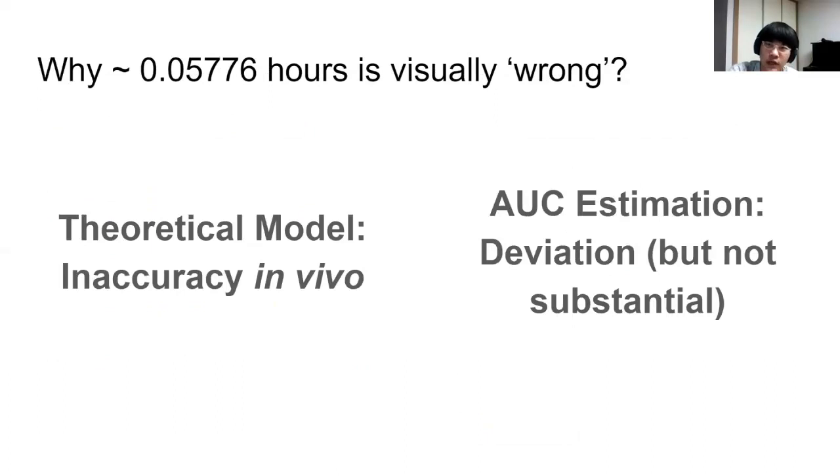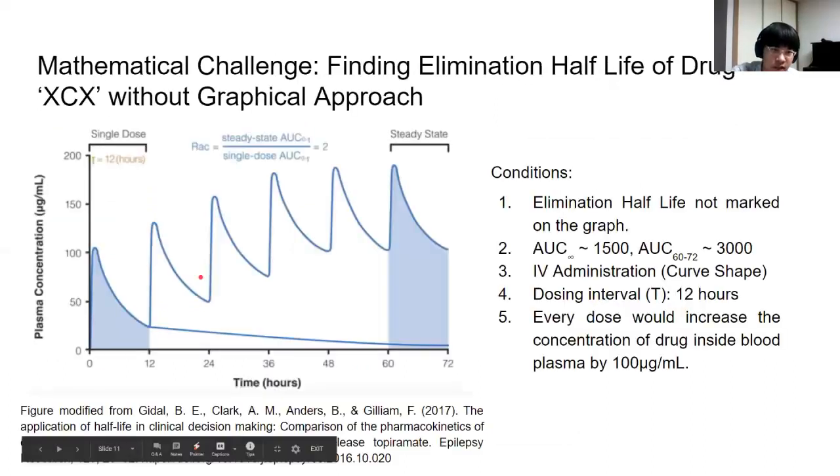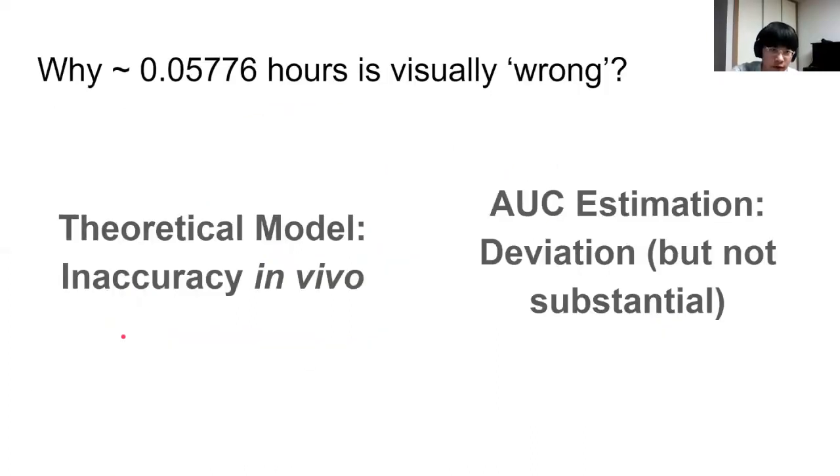But it's kind of weird to see this result, because as you can see here, the half-life should be around the 5 to 6 hours range, which visually looks like it, yet we have 0.05 hours. So why is it wrong? First, there's a theoretical model.